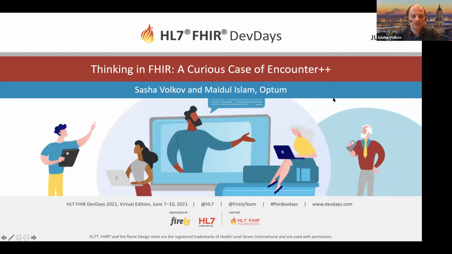In this session, Maidul and I will use a hypothetical existing product that illustrates business case analysis and a solution design from the perspective of an architect. We will discuss how an existing system that supports limited FHIR transactions can accommodate additional FHIR-related requirements.